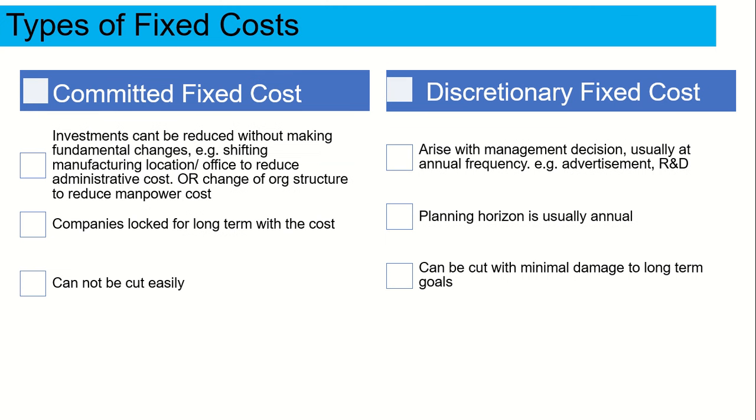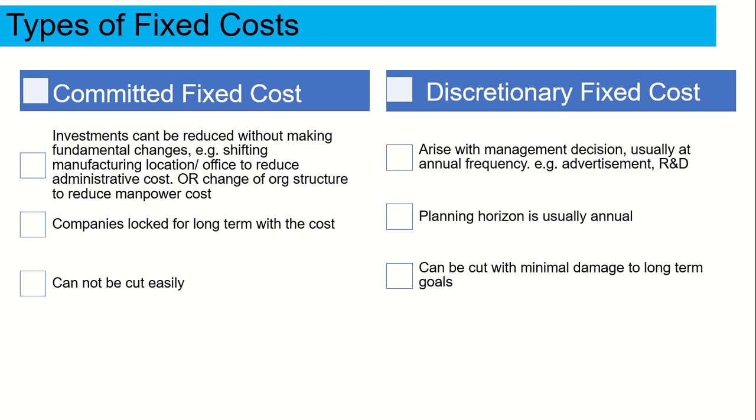Now, what are different types of fixed costs? In fixed cost also we have committed and discretionary fixed cost. Committed are the ones which are committed over a long duration of time by an organization. For example, setting up of a new manufacturing location becomes a commitment over a longer period of time. Or for example, hiring of senior management staff basis a certain organization structure.